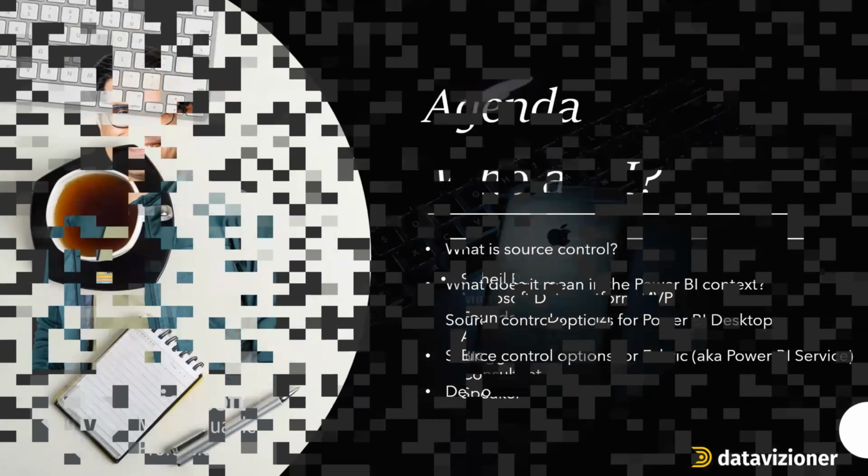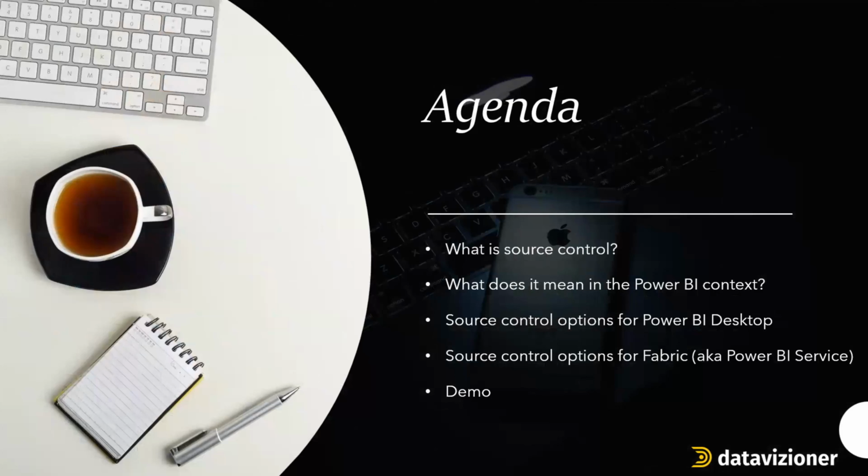The agenda for this session is about what source control is, what it means in general. We will not dig really deep into source control. It is something that people have written multiple books about, source control and version control and those sorts of things.